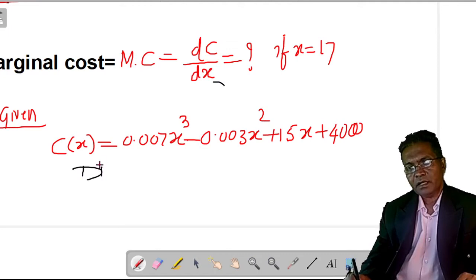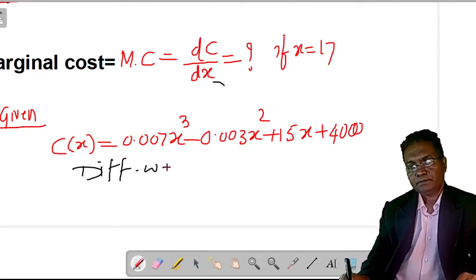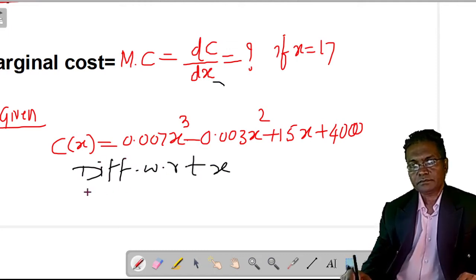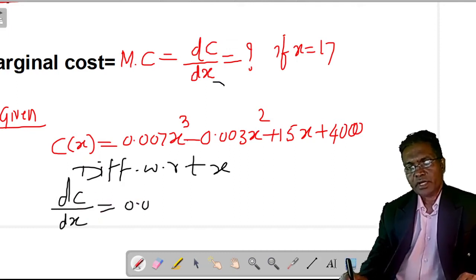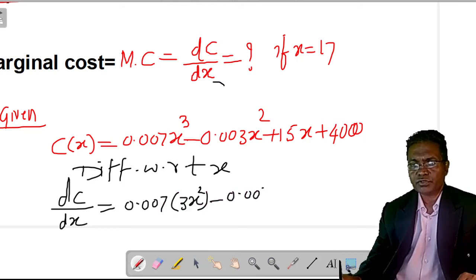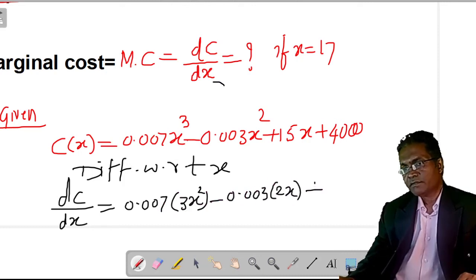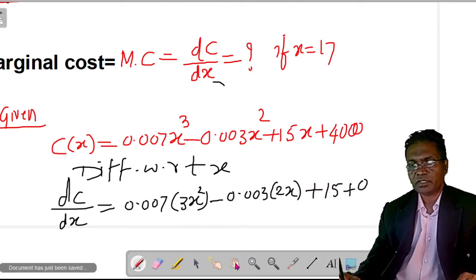Very simple. So dC by dx. C is a function of x. So 0.007 is constant, derivative of x cube with respect to x is 3x square, minus 0.003 x square, derivative is 2x, 15x derivative is 15, and 4000 derivative is 0 because 4000 is constant.